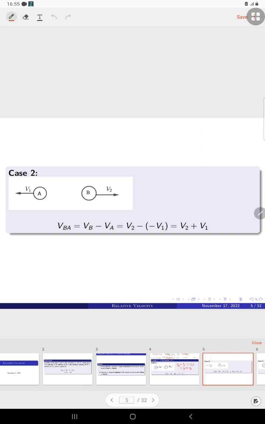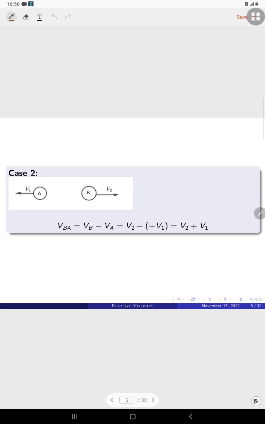Good. Let us look at another case. This time VA is moving towards the west. These are also parallel vectors. B is moving towards the east. We are looking for VBA, so this becomes VB plus the negative of VA, which is VB minus VA. What is the velocity of B?